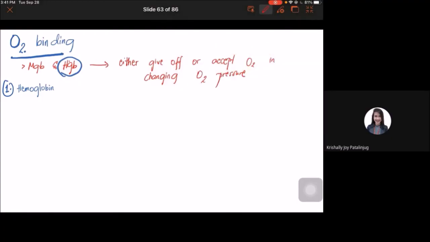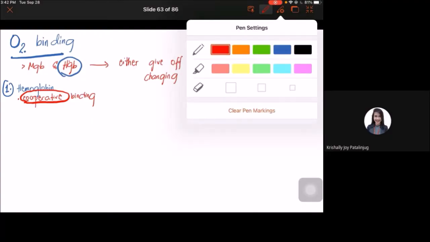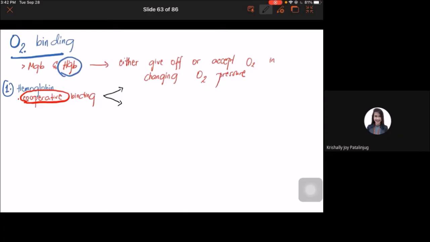Please take note, hemoglobin is capable of what we call cooperative binding. I repeat, hemoglobin is very much capable of cooperative binding. When you say cooperative, it knows how to get along, depending on need. For example, if this tissue needs oxygen, it will give. If it sees that there is a lot of oxygen in the environment, it will take it. So it is cooperative. It depends on the surrounding pressure.